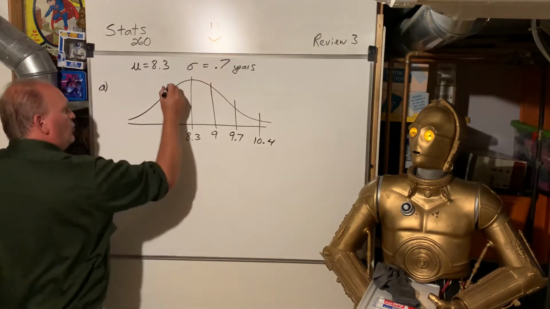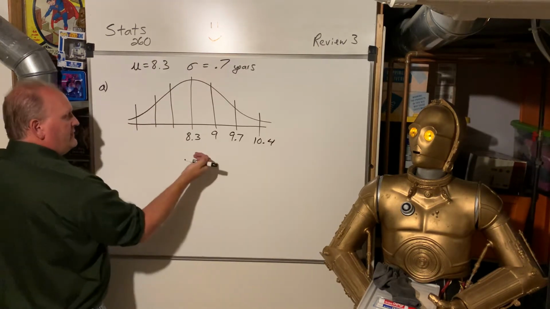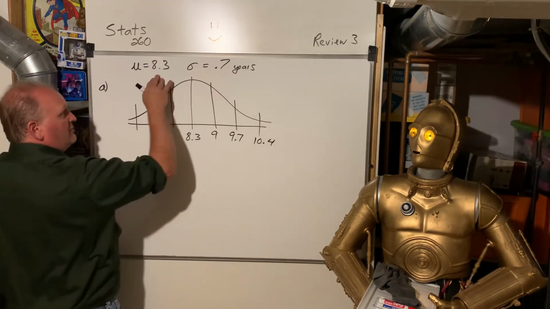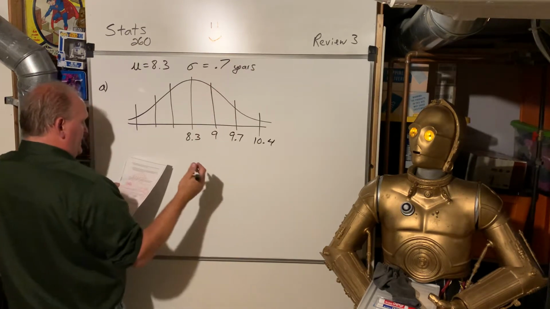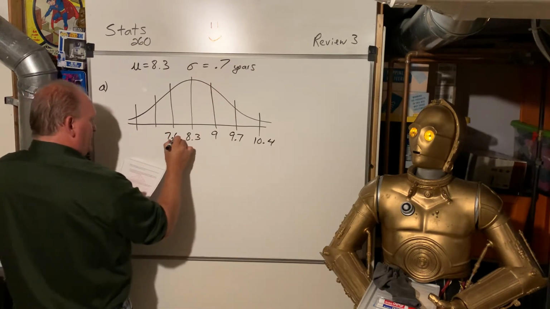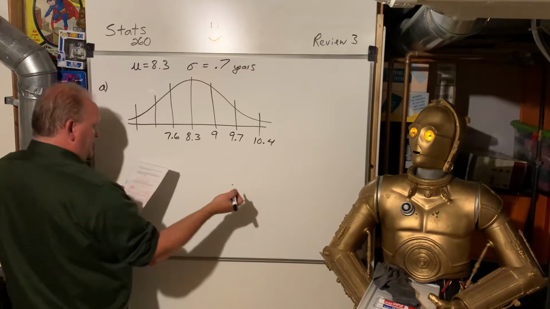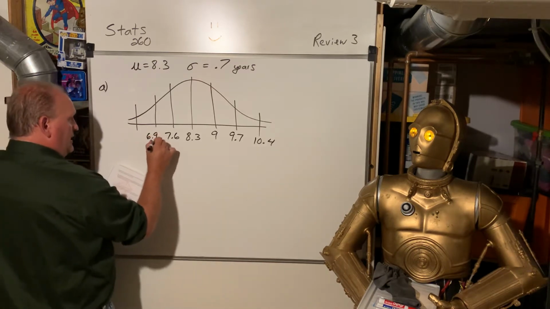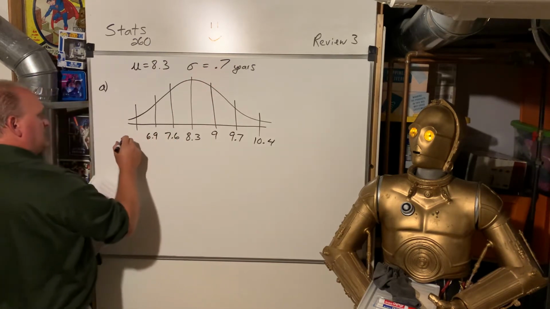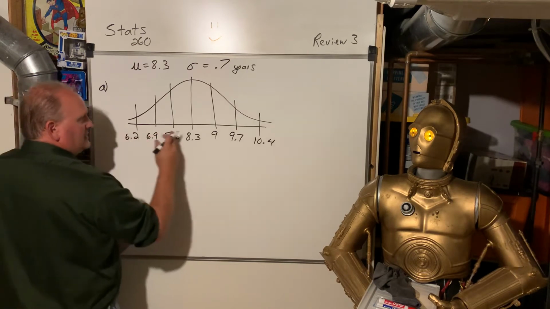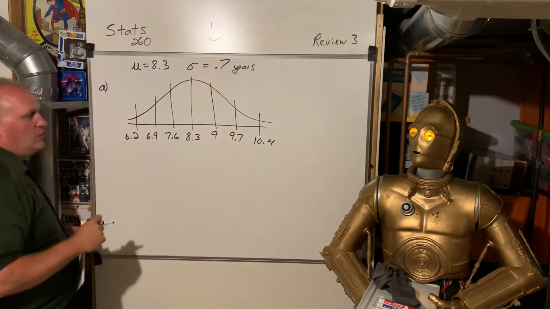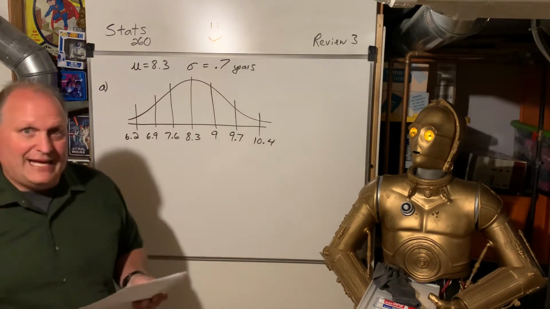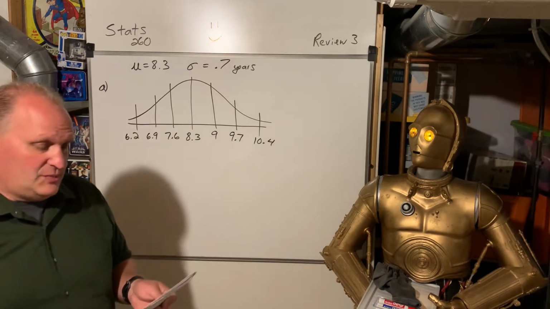Then 1, 2, 3 standard deviations below the mean: 8.3 minus 0.7 is 7.6, then minus 0.7 is 6.9, and then minus 0.7 is 6.2. And so this is what it would look like with the actual data in there, spread out.